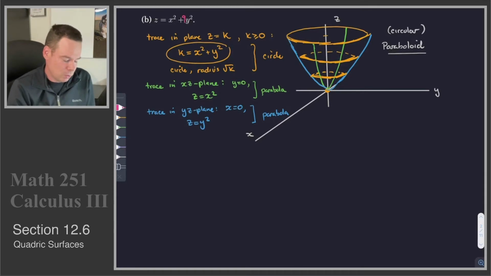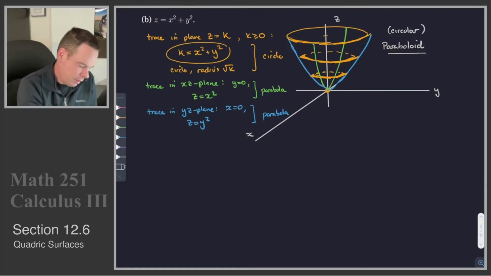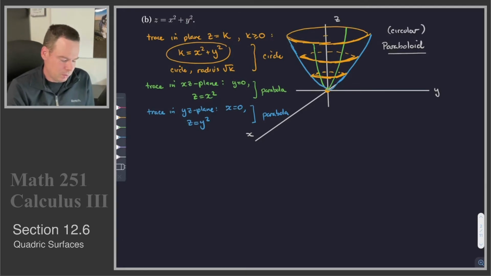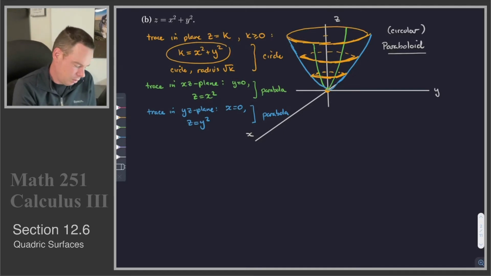The other two directions would still be parabolas. One would be z equals x squared. The other would be z equals 9y squared. Both are still parabolas. They're slightly different shapes than each other. So I'm going to erase the 9 now, but the circular part is coming from that third direction, what the shape is. And so you can start to see that there's a little bit to naming these things, and we're going to start to explore these names a little bit further.